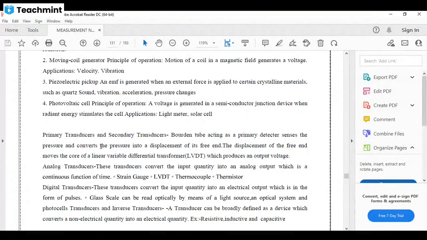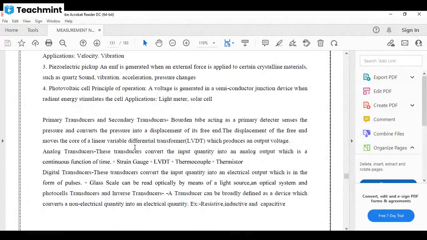Analog transducers include strain gauge, LVDT, thermocouple, and thermistor.